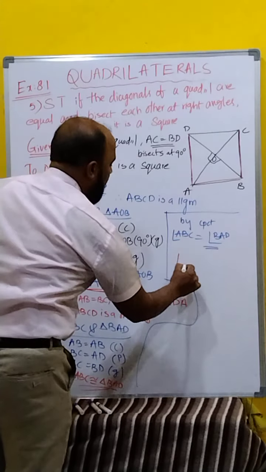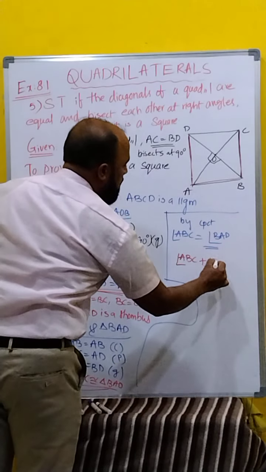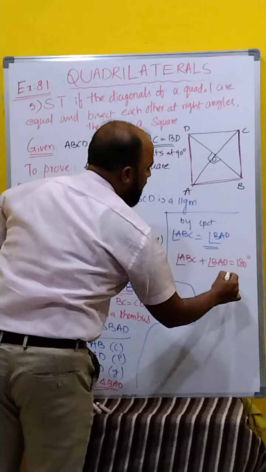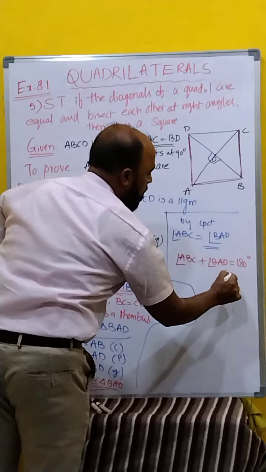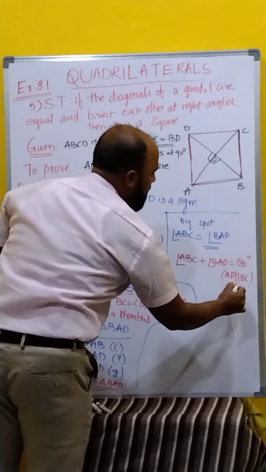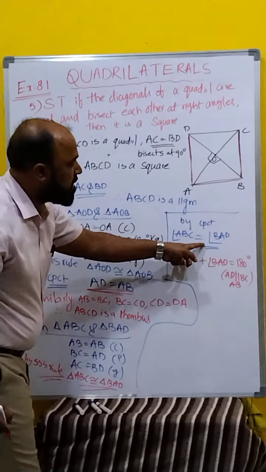Right, angle ABC plus angle BAD is equal to 180 degrees, because AD is parallel to BC and AB is the transversal. Clear? Now we know, just now we proved ABC is equal to BAD.